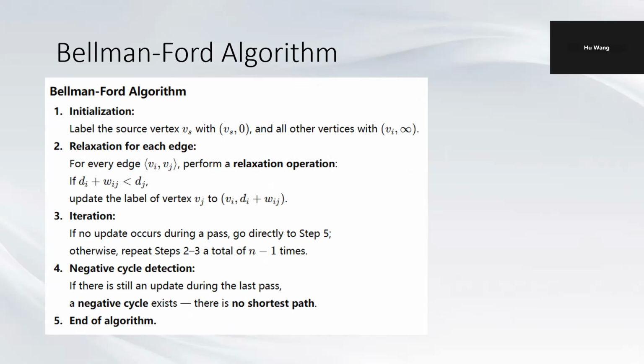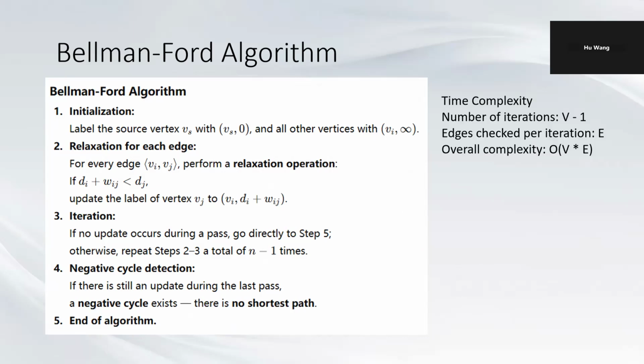It will loop over and over again, reducing the distance of a certain vertex. So except for this, n minus 1 times will guarantee the solution.